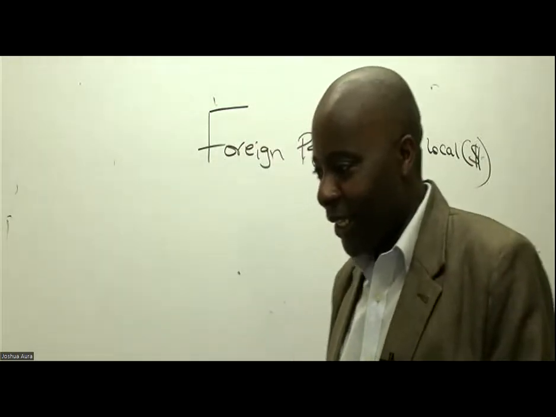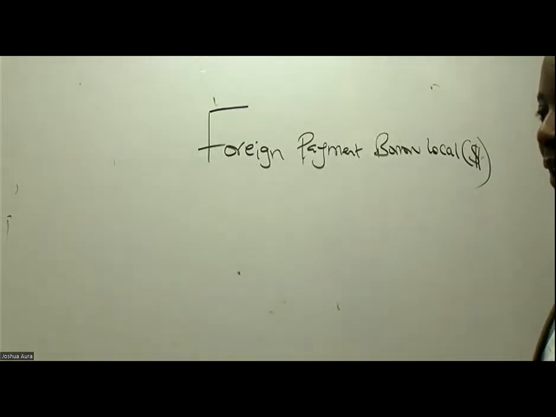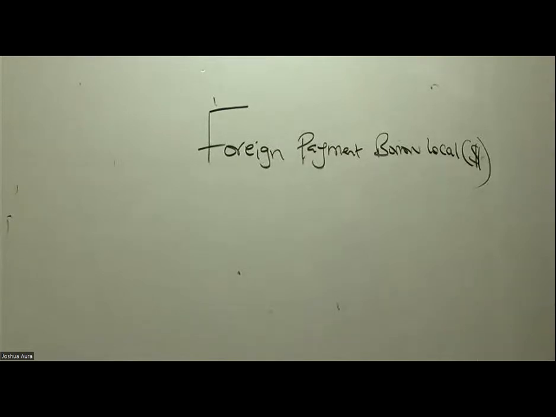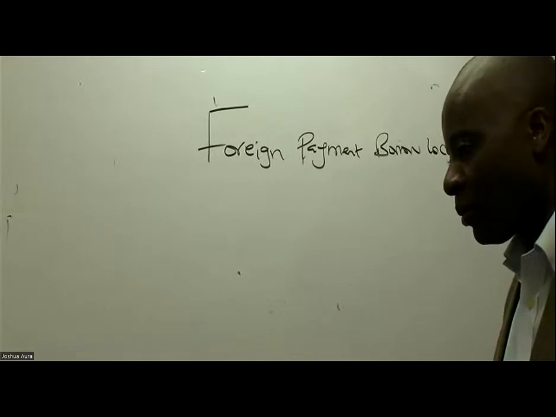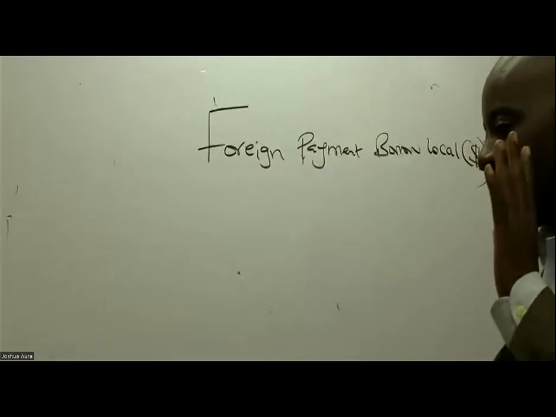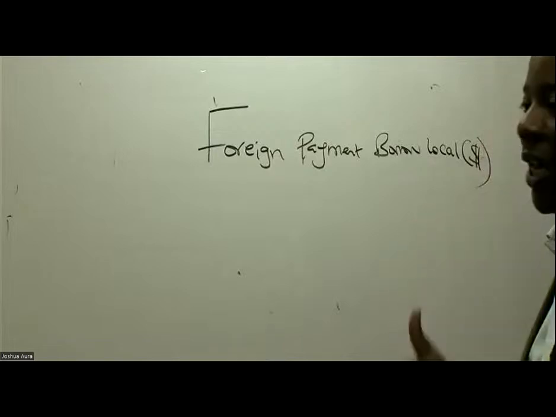The network could be low, which is affecting students. Sorry, I'll make improvement on that. So foreign payment, you borrow local. We've got two currencies here: the dollar, vis-a-vis the peso. And the local currency is the dollar.